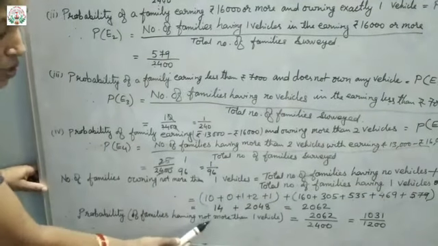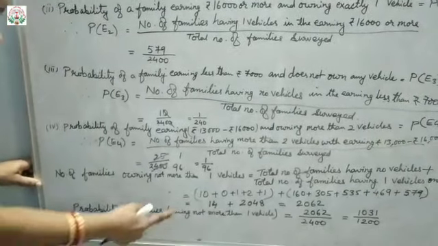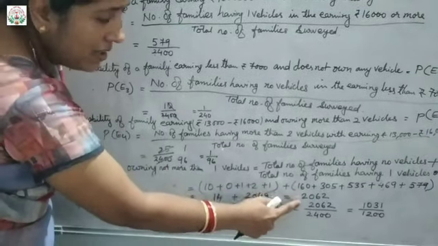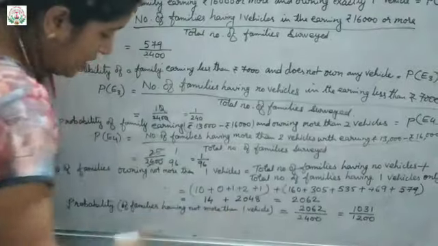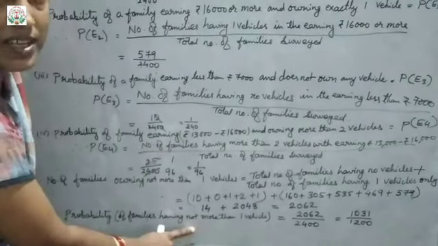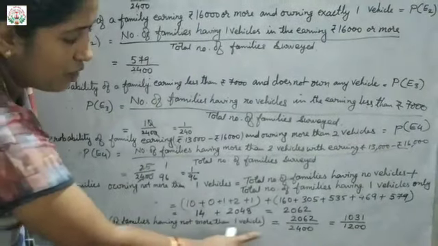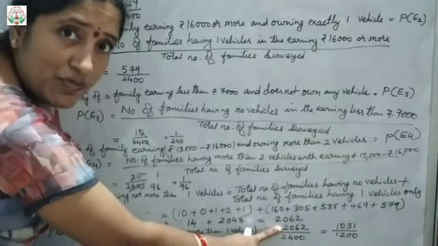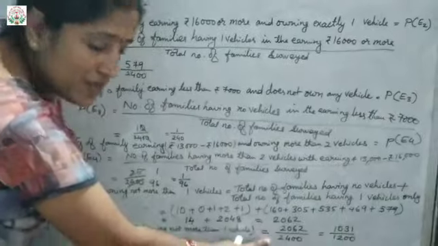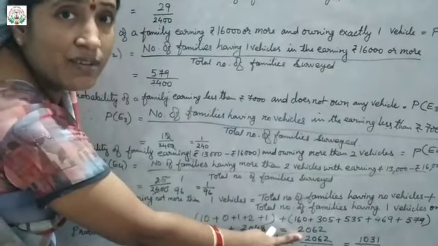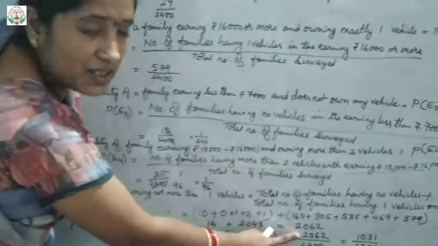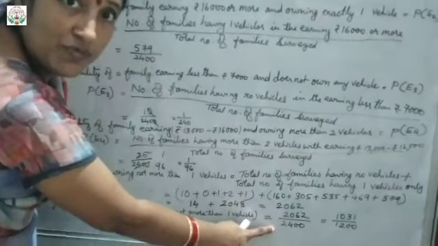So now the probability of families having not more than one vehicle: we saw how many families have not more than one vehicle, that is 2062. The probability will be the number of families having not more than one vehicle upon the total number of families. That is 2062 upon 2400.